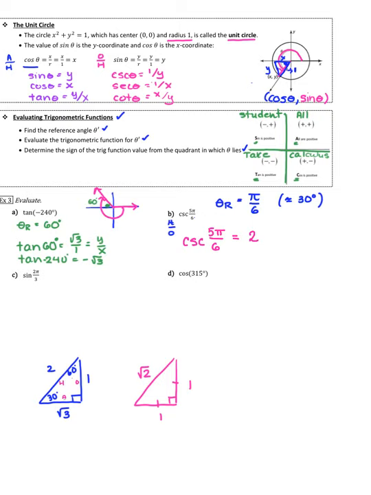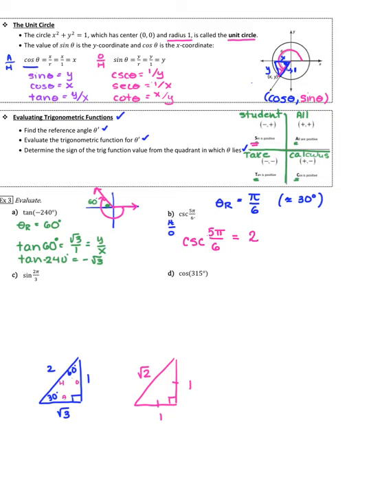However, pi over 6 is 30, and 30 times 5 is 150. That would put me in the second quadrant, and in the second quadrant, sine and its reciprocal are positive. So that value is going to stay positive.